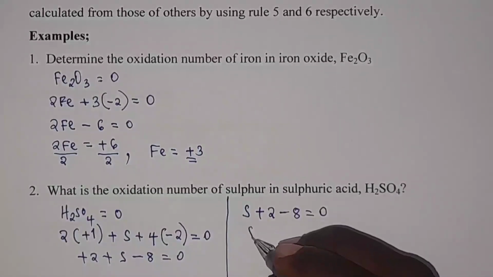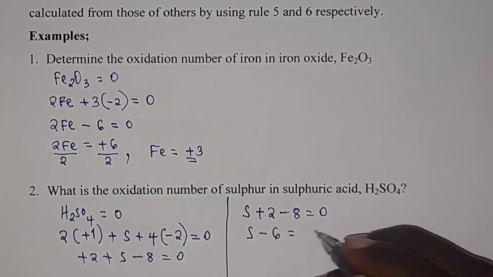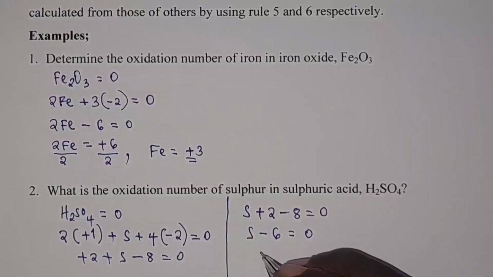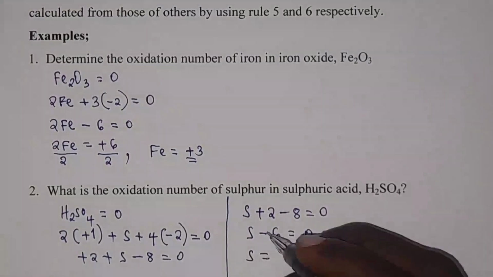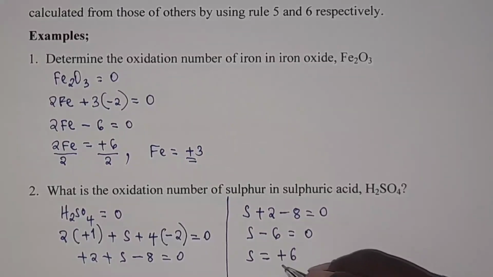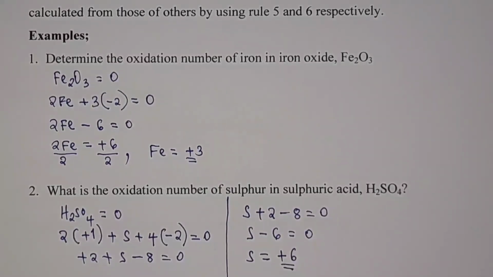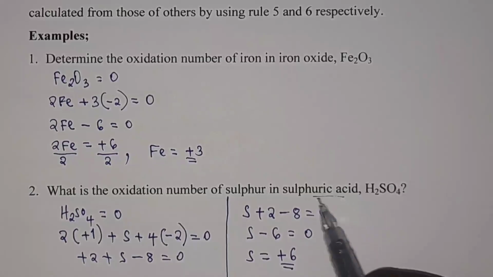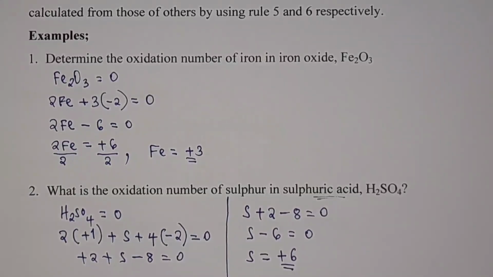So that means S minus 6 will be equal to 0. So if you want to get S, we take that -6 to the other side, it will become +6. So the oxidation number of sulfur in this sulfuric acid, which is written H2SO4, is 6. So this one will be read as sulfuric 6 acid.